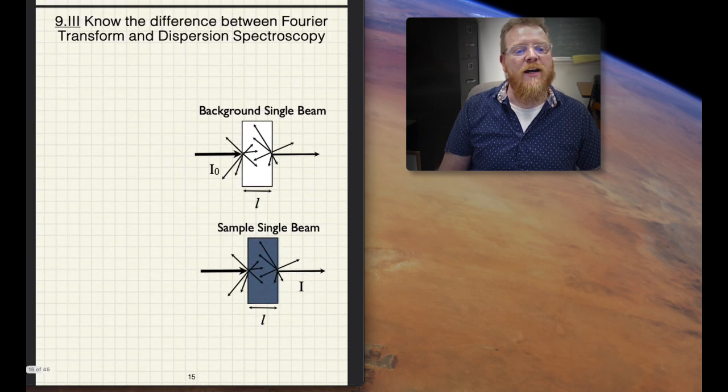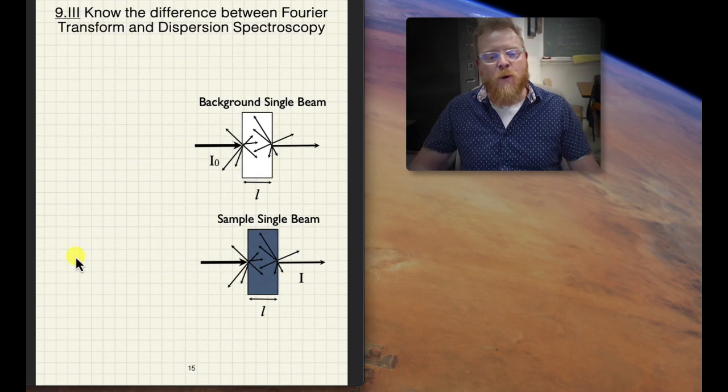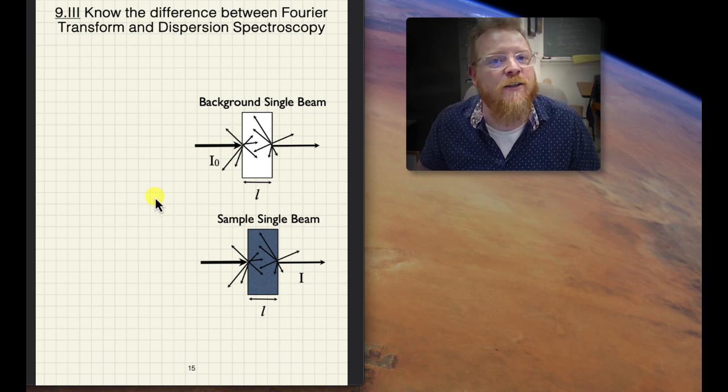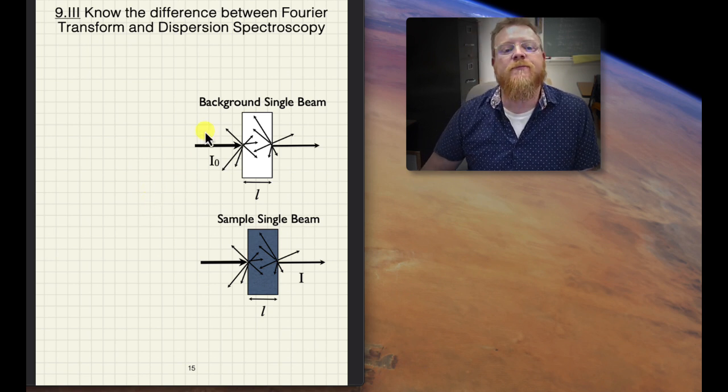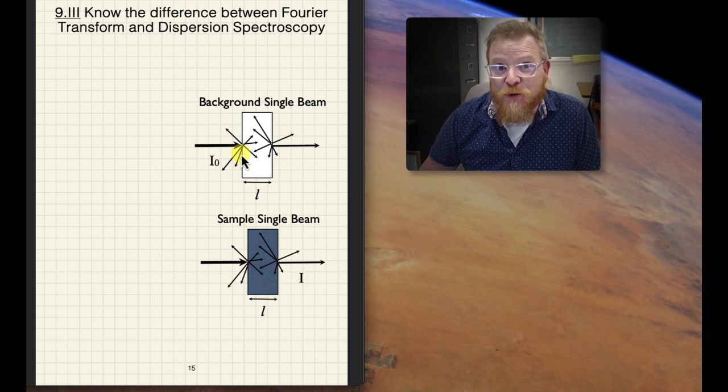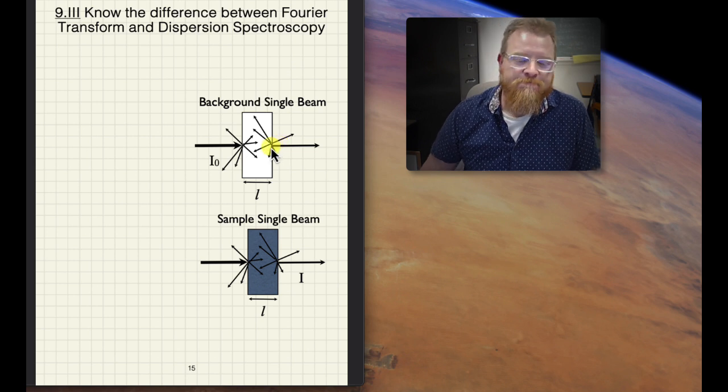OK, so let's talk about backgrounding. So these are both important to do in FT techniques as well as dispersion techniques. And I drew all of these like random scattering events here because, as you might guess, we might get some diffuse reflectance or specular reflectance off of the surface of our holder, right?